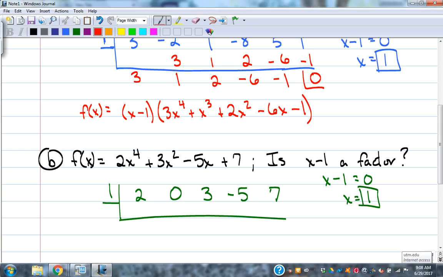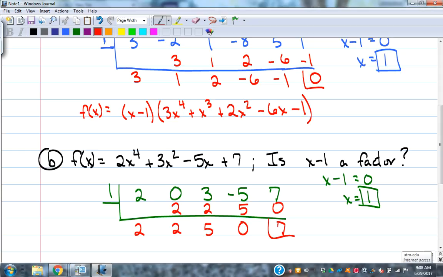If the remainder is 0, the answer is yes. If the remainder is anything else, then it's no. So drop the 2 down, multiply, add. Uh-oh. Remainder is 7.